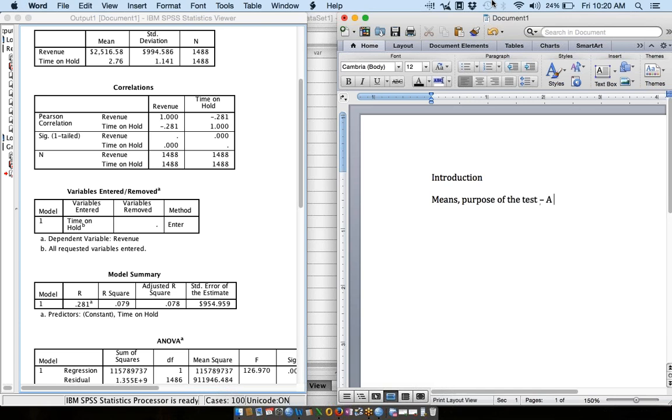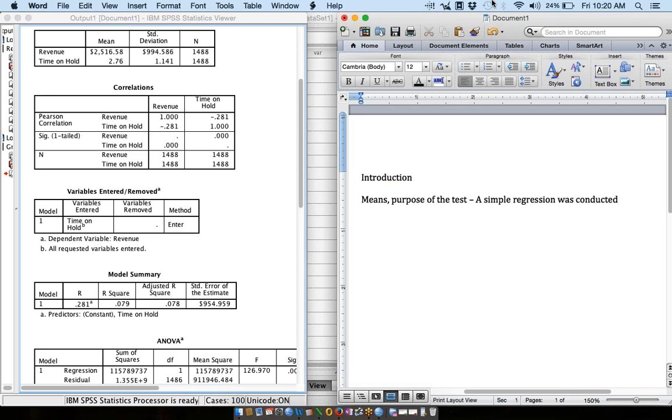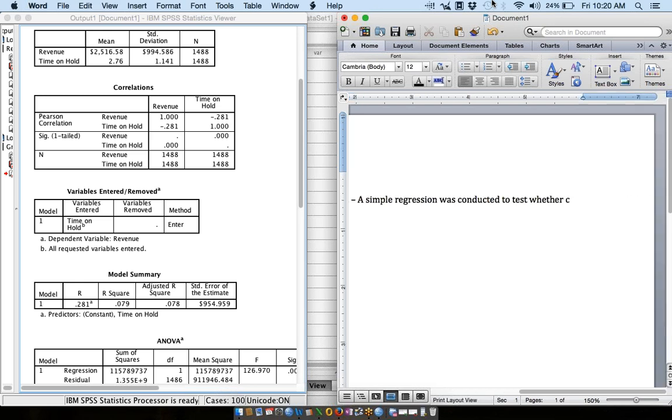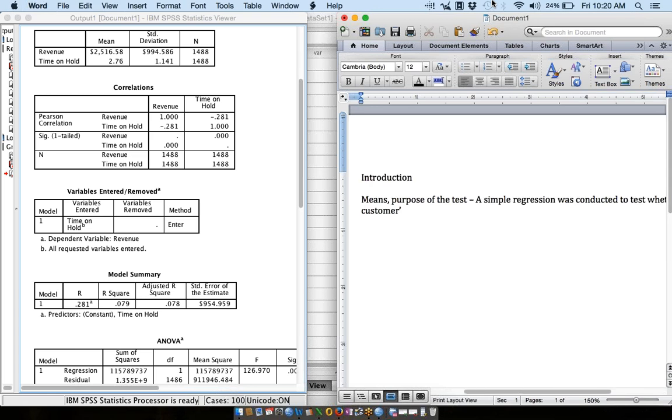So this would look like: a simple regression was conducted to test whether customers' time on hold predicts revenue. And here, I'm going to put 2516.58. So I'm just inserting the mean and the standard deviation.